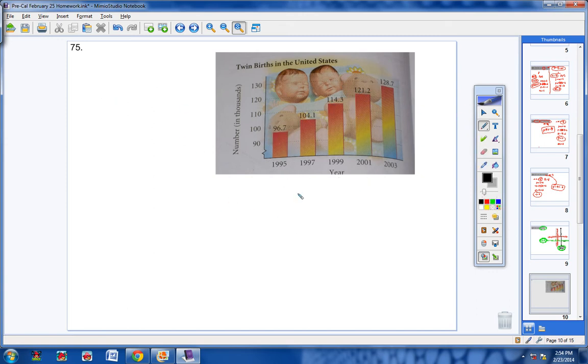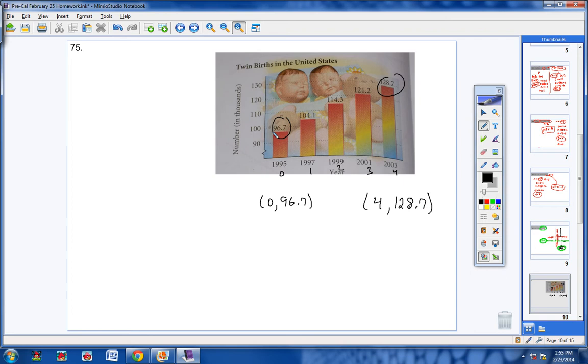So the 2 points I'm going to pick are going to be 0, comma, 96.7. That's this point. Now I'm going to go to the end. I'm going to choose, remember this was 0, this is 1, 2, 3, this is 4. So this ordered pair would be 4, comma, 128.7.